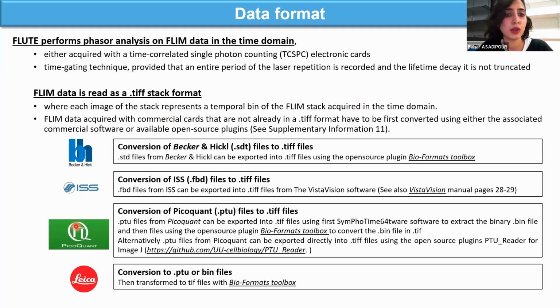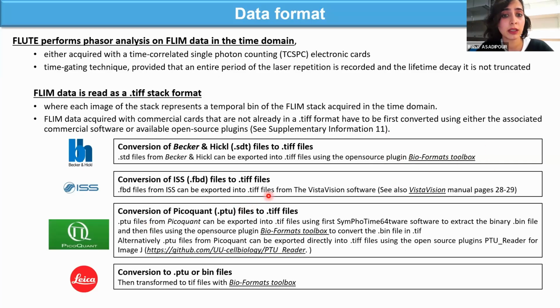As you know, we have different electronic cards and different commercial setups that use different data formats. If you are using any of these systems, you can refer to the supplementary information in the paper to see how to work with them. But quickly, for Becker and Hickl, you get the SDT files that you can export into TIFF using the Bio-Formats plugin in ImageJ.